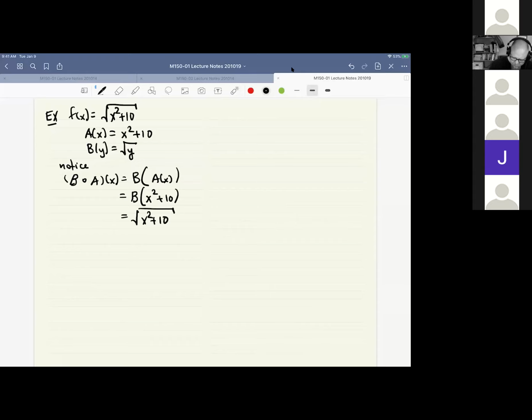So I'm taking the square root of whatever's inside b. So this verifies that if you compose these two simpler functions, we get back our original function f of x.